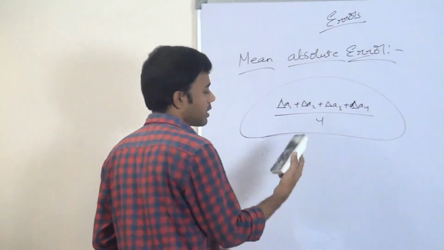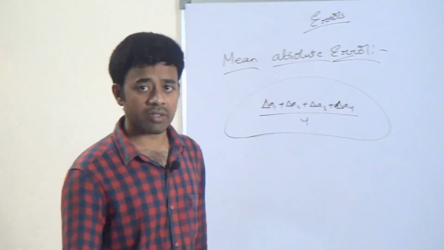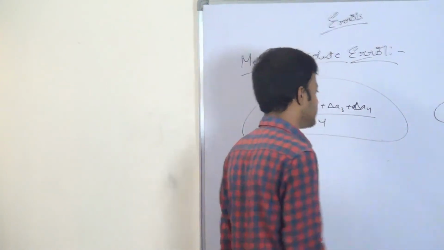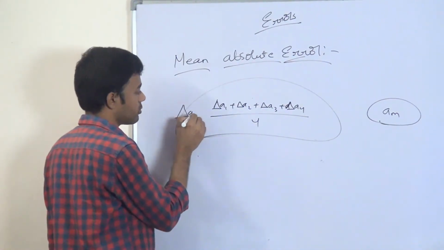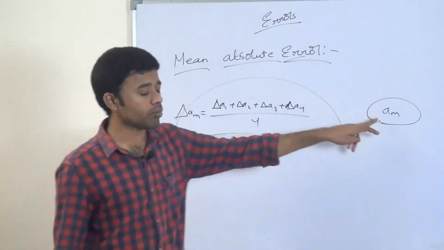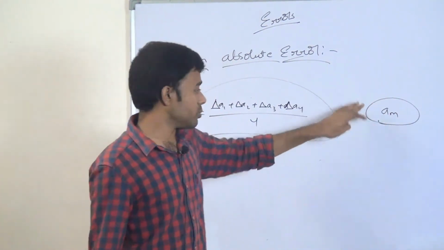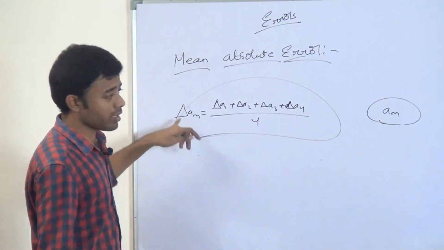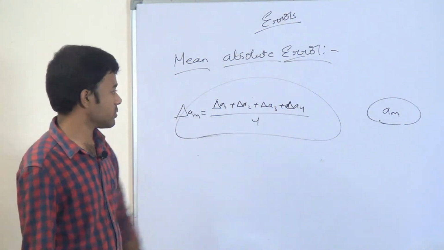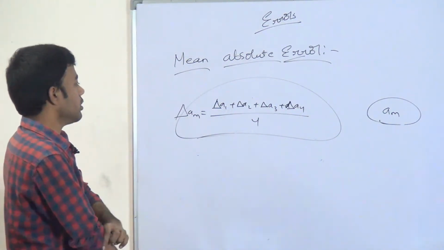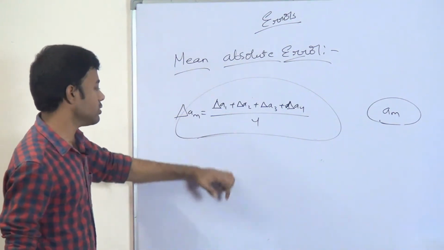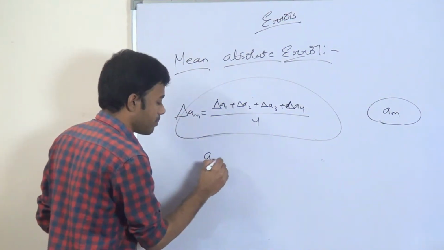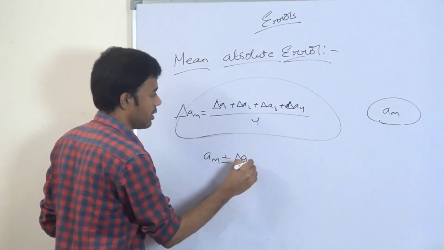After this, we have the value of mean AM, which we found in the previous board, and now delta AM, which is the mean of the absolute errors. Almost all the values will lie in the range of AM plus or minus delta AM.